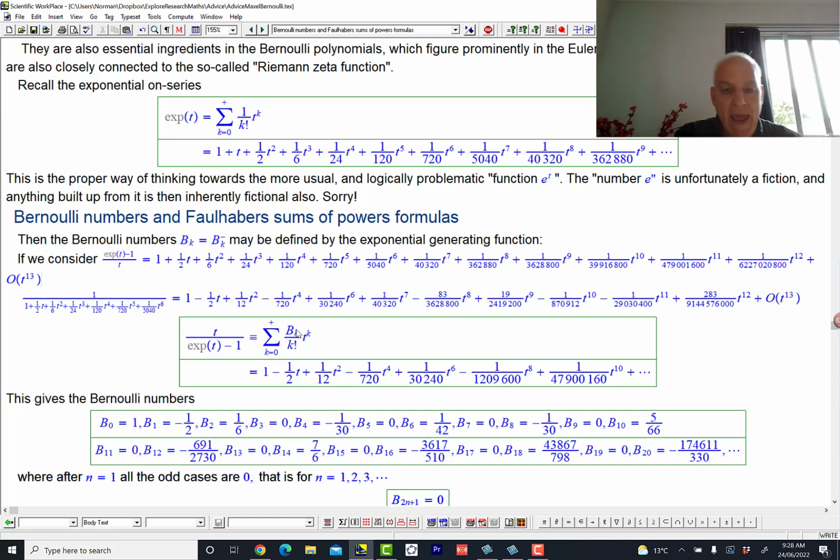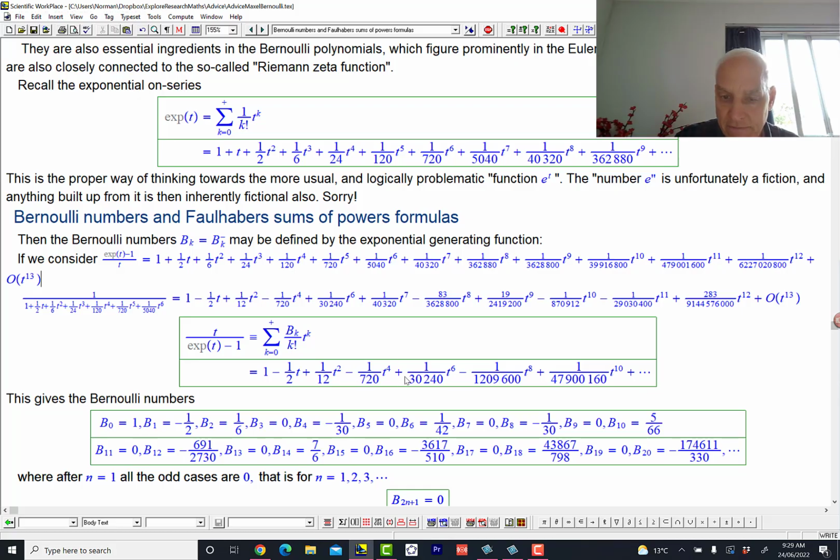So when we compare the coefficients here to these b sub k's over k factorials, we can evaluate what these b's are. b sub 0 is 1. b sub 1 is minus 1/2. b sub 2 is like this 1/12, but you have to multiply by 2 factorial, so that's 1/6. b sub 3 is going to be 0 because there's no t cubed term.